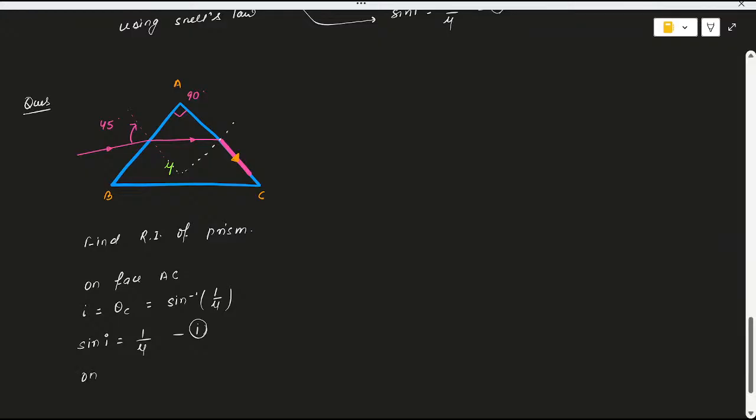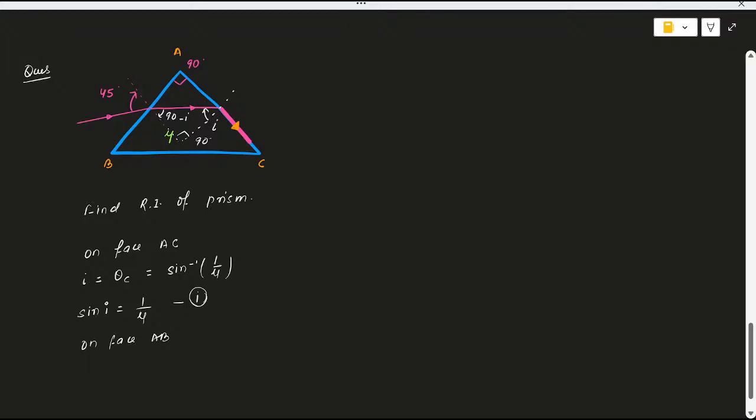Now on face AB, what have you applied? Exactly. If this angle is the critical angle or angle of incidence, this needs to be 90 minus I, since this angle was 90, right? This is what we did in the previous question, NEET 2024. So you'll be using Snell's law. Say yes or no.